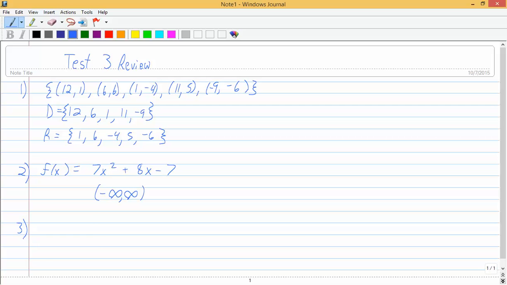Alright, now number 3, the same directions, find the domain. You can see here this has a denominator, and so we don't let denominators equal 0 because that would cause a problem.